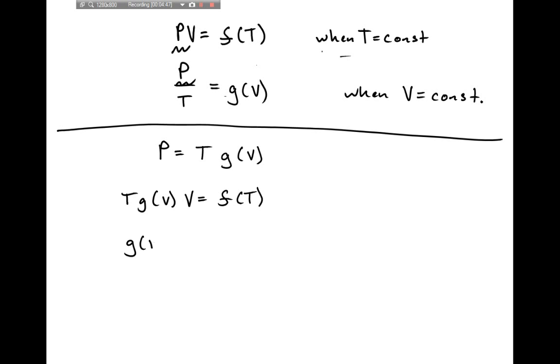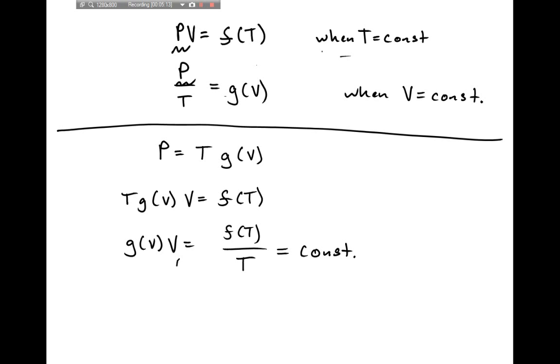So if I do that, I have G of V times V is equal to F of T divided by T. And at this point, there's a really tricky thing, but a very important concept to understand: because this left-hand side only depends on volume, and because this right-hand side only depends on temperature, this thing has to be equal to a constant.